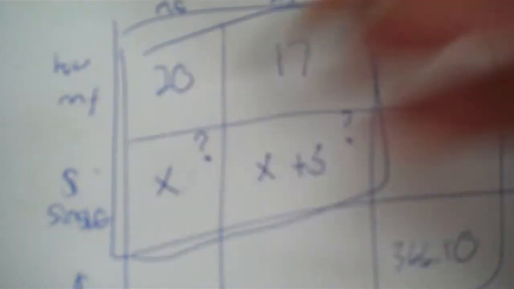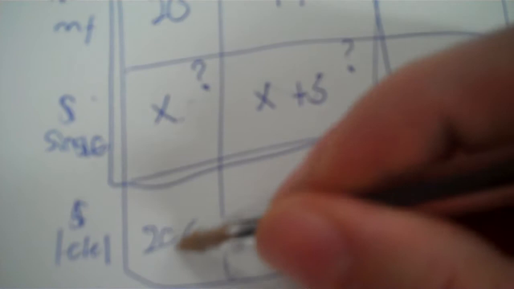Now we know this $3 per hour more, and that's my sister, so plus 3 for her, and I do not need to use y. That can be x plus 3, and that can be x. So 20 times x is 20x, and then I distribute that to both those. That's going to be 17x plus 51.